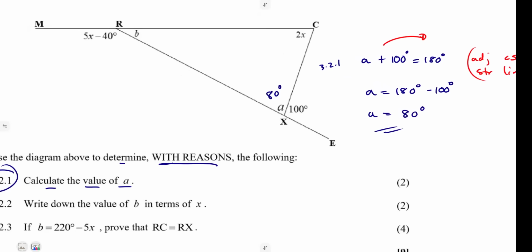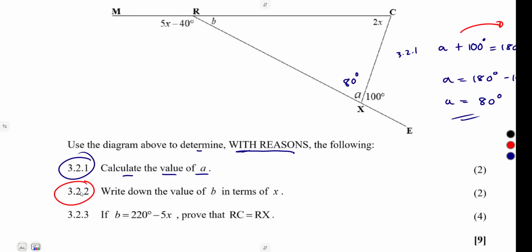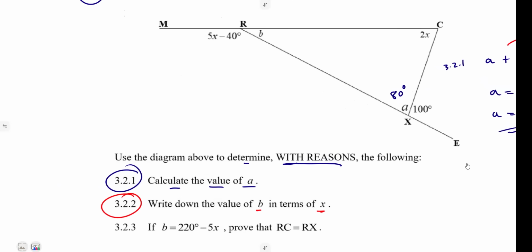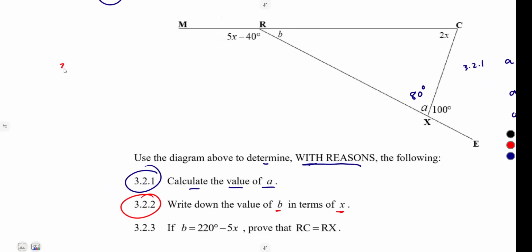All right. Let us move on to another part. Write down the value of B in terms of x. B and 5x minus 40 are also on a straight line, so we can find B in terms of x. That's 3.22.